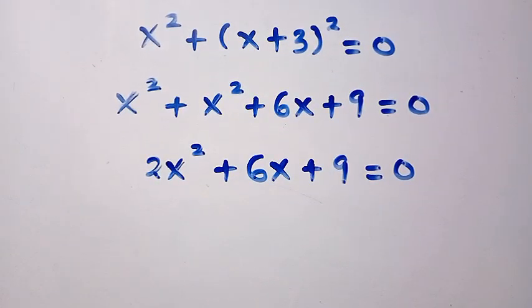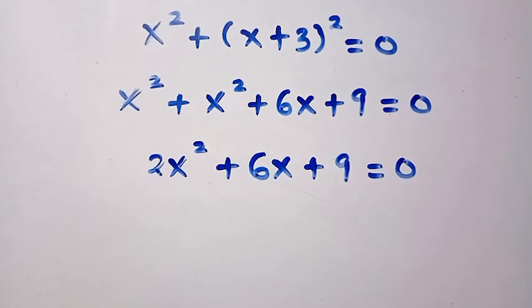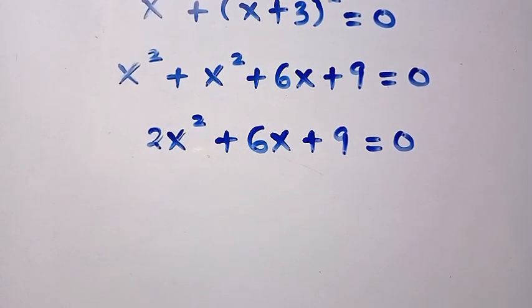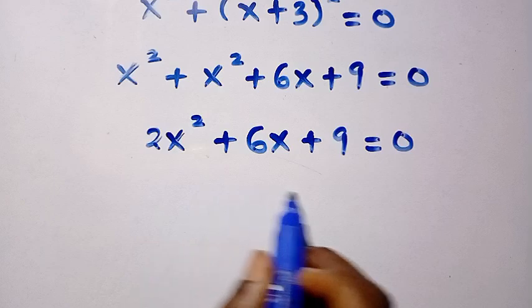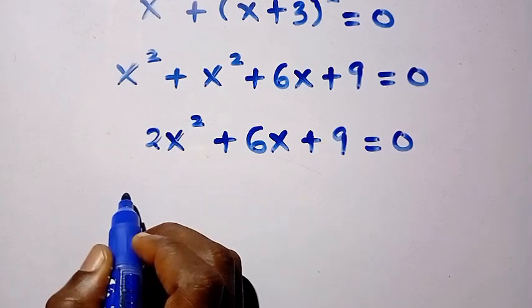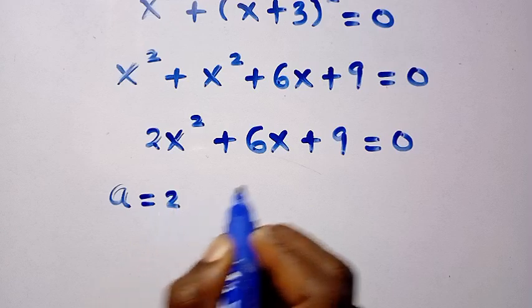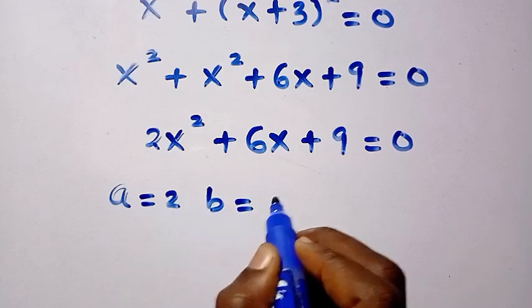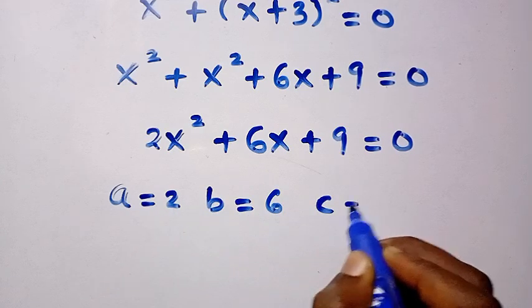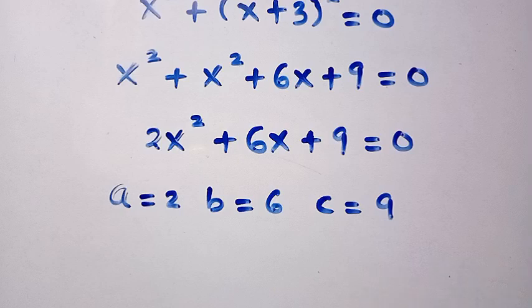We arrived at a quadratic equation, which means we are getting just two values here. We solve this by applying the quadratic formula. Here we have a equals 2, b equals 6 and c equals 9.